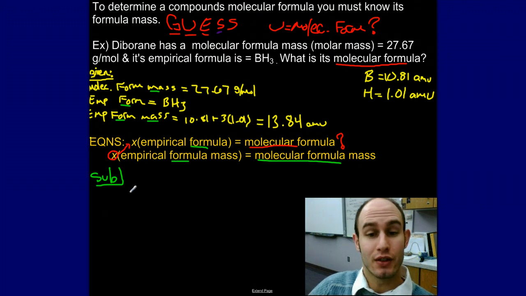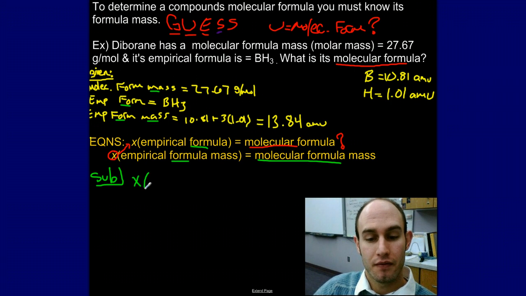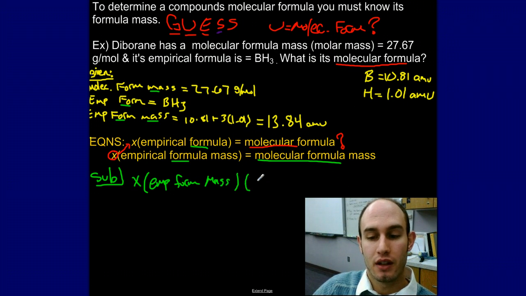So let's go ahead and get to substituting. I'm going to substitute x times the empirical formula mass, using this equation right there, is equivalent to the molecular formula mass. And then I will substitute in my values. I do not know x still, that's why it's underlined in red.